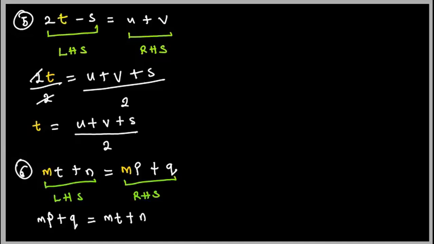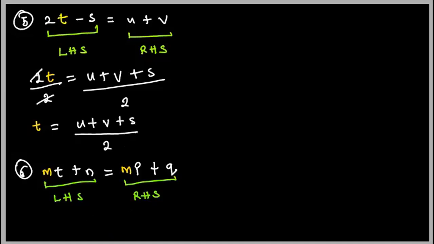As you can see, obviously nothing is changing, because I still have m on the left hand side and I still have m on the right hand side. So the best way to do it is to collect like terms.